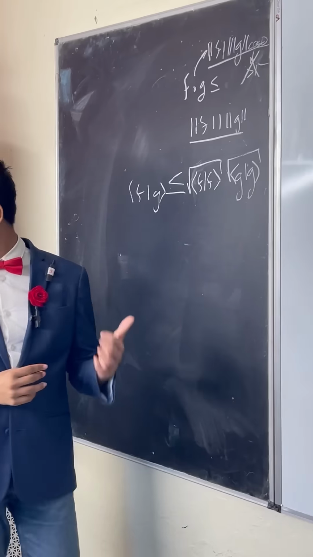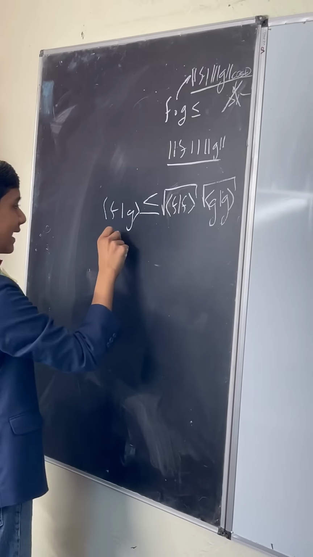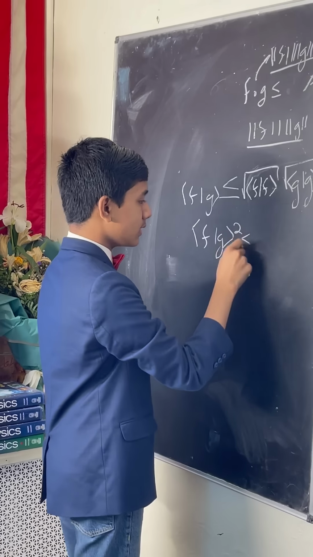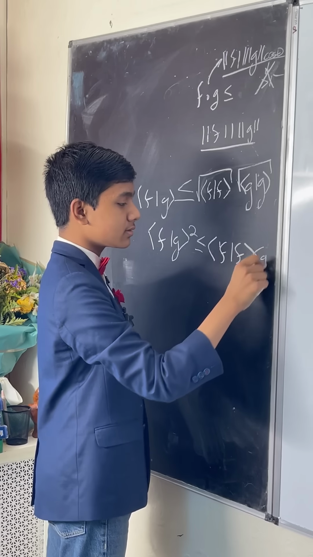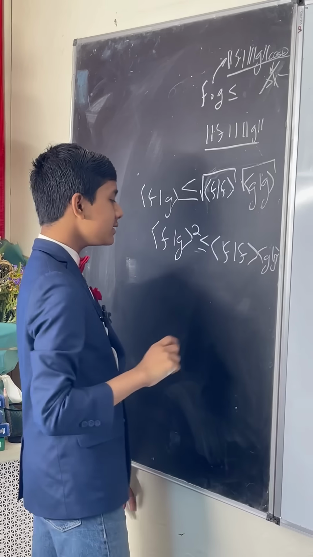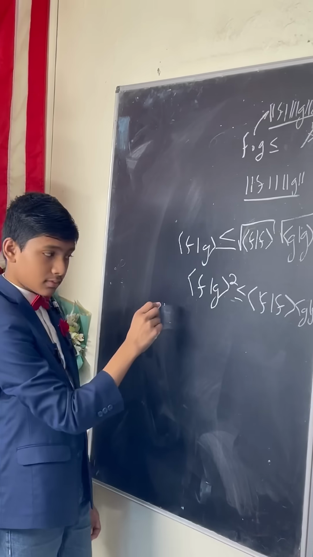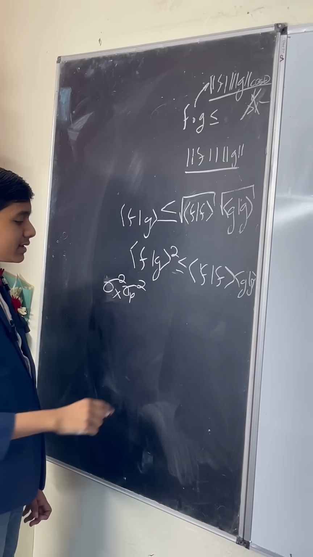If you square both sides, like we need to do here, you get that this is less than f dot f g dot g. Now, why did we need to square both sides? Well, if we multiply these two together, we'll get this multiplied by this.